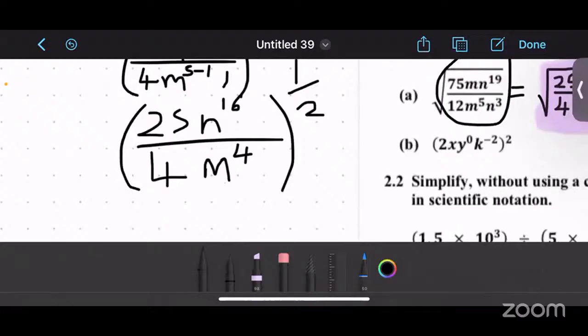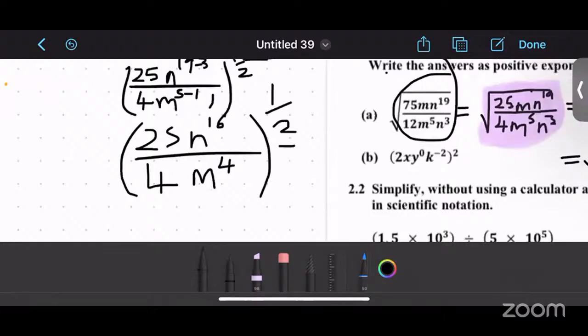Now that it's simplified, whatever is inside the brackets is simplified, I can take the 1 over 2 down. Remember, this 1 over 2 is going to multiply everything that's in the brackets. Sorry, guys, I didn't say that.